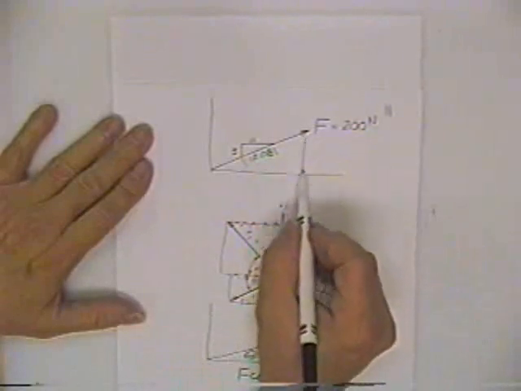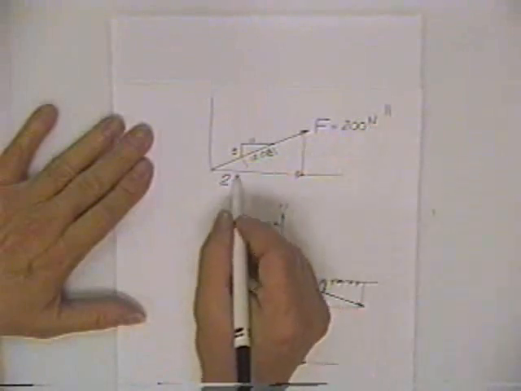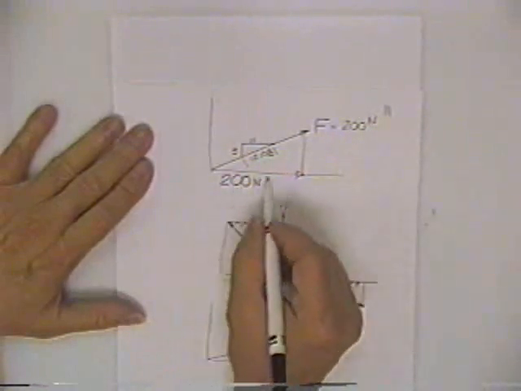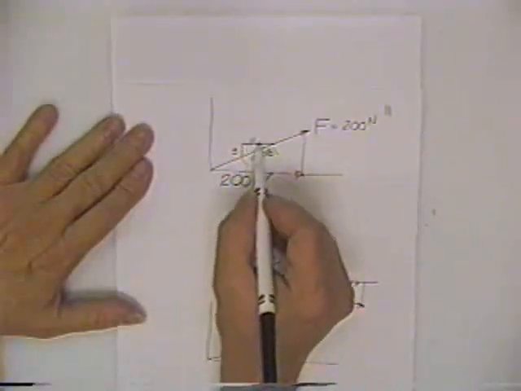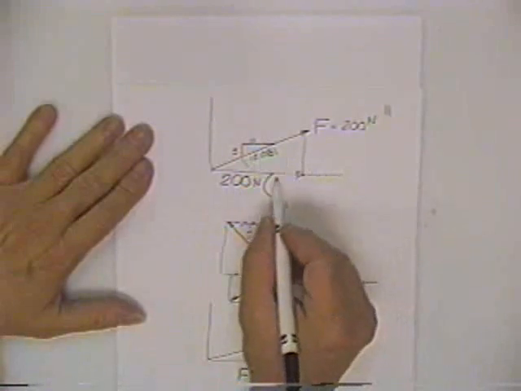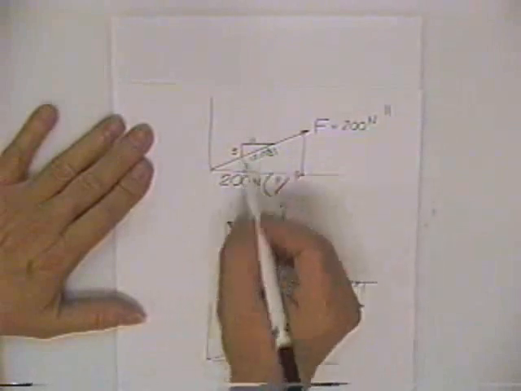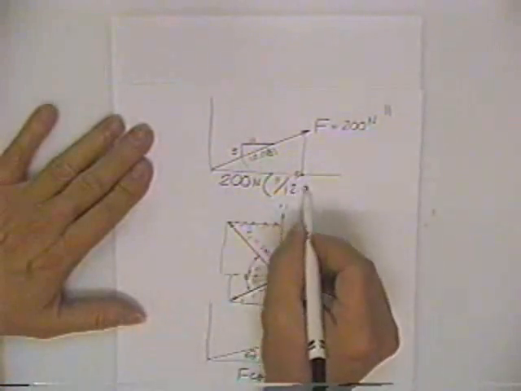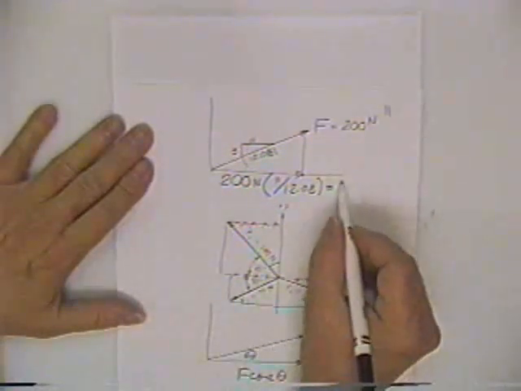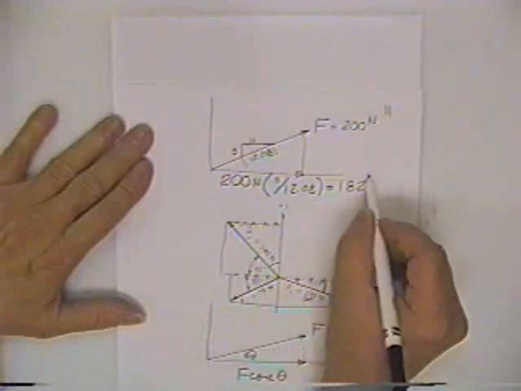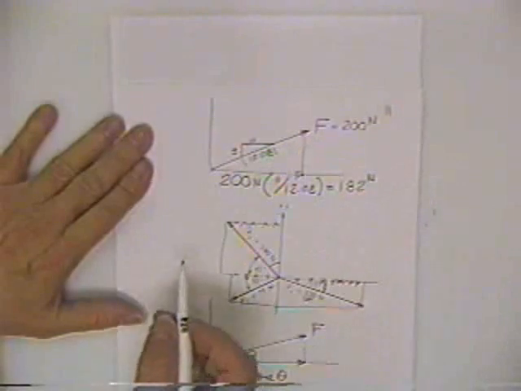And I can tell you now that the horizontal component of this 200 Newton force is the original force, 200 newtons, multiplied times, to get the horizontal component, I take the horizontal side of the angle, that's 11, divided by the whole, the hypotenuse, the 12.08, and that gives me the horizontal component equal to 182.1. 182 newtons, which looks about right. If that one looks 200 long, that looks about 182.